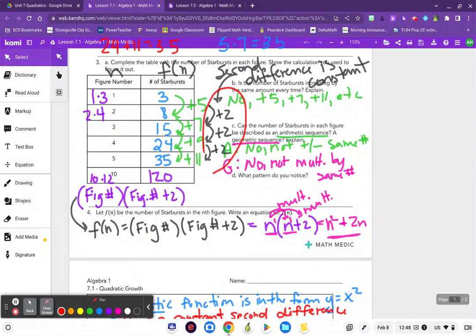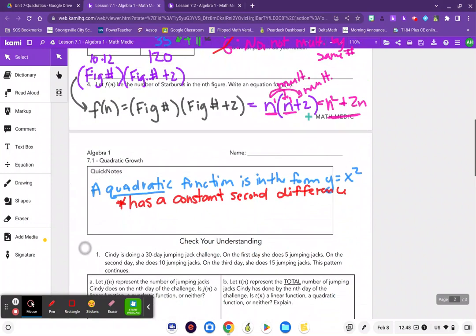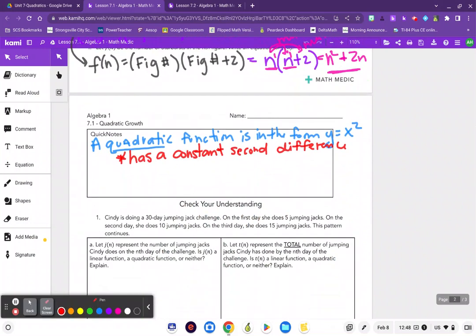Not the first check of patterns, but the second check of patterns happens to be the same. That's the second difference, and it was the same, plus 2 each time. If that happens, I know I'm dealing with a quadratic function. A quadratic function is the result of multiplying 2 linear functions together. So I'm going to say it's the product. When I say product, I mean multiply. The product of 2 linear functions.